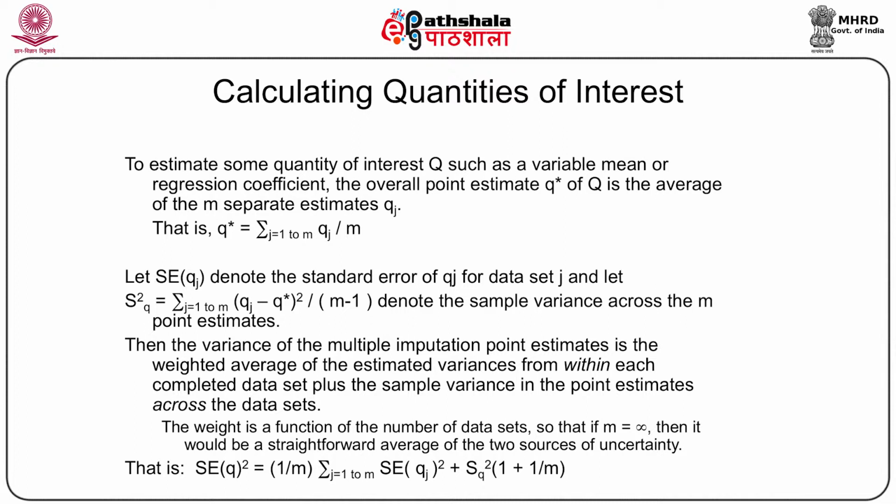Again, go to your notes to look at the formula using the appropriate notation. The weight is a function of the number of data sets, so that if m is infinity, then it would be a straightforward average of the two sources of uncertainty. And there is a formula to calculate that quantity, which you will find in your notes.